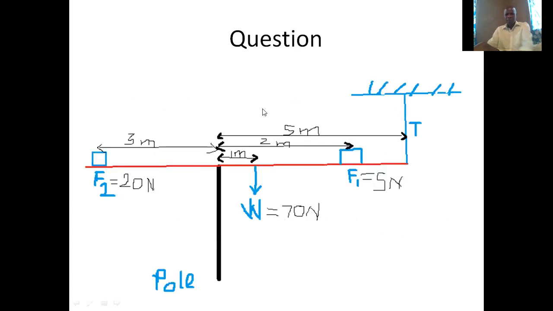It's not pivoted at the center, meaning that at the center it has a weight of 70 Newtons.